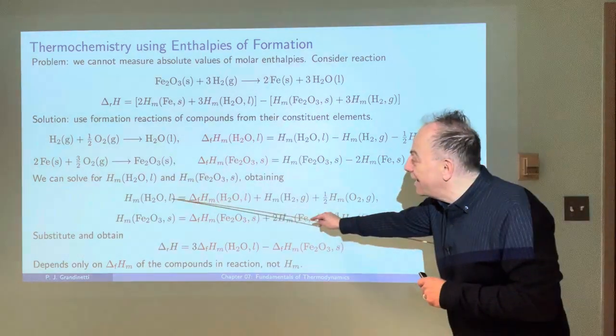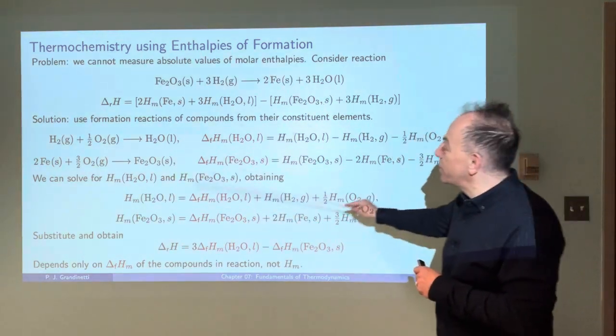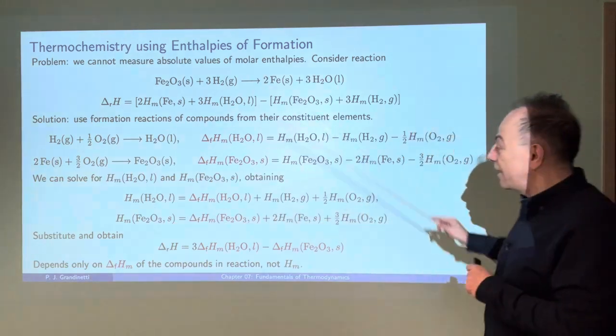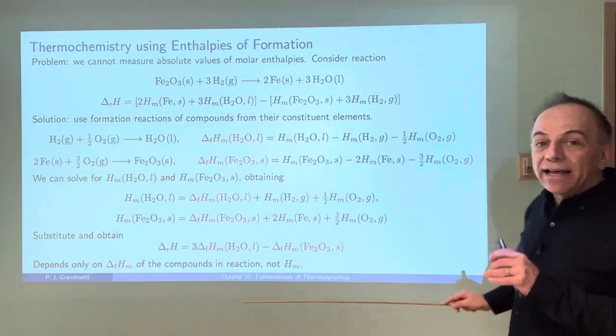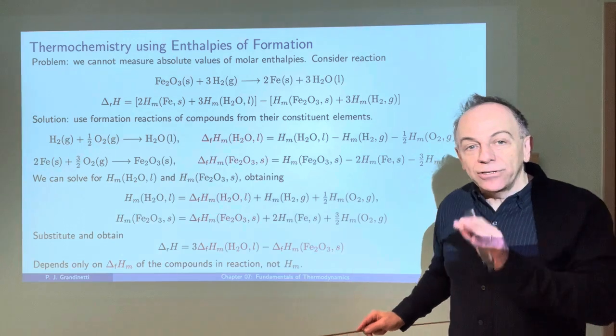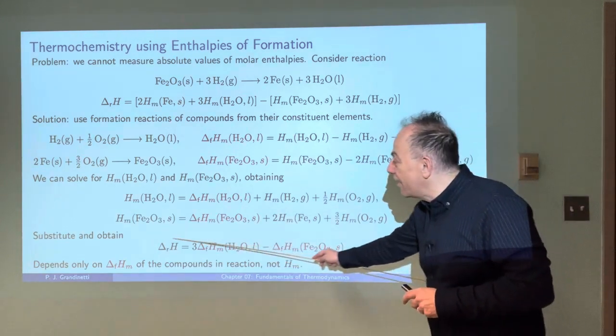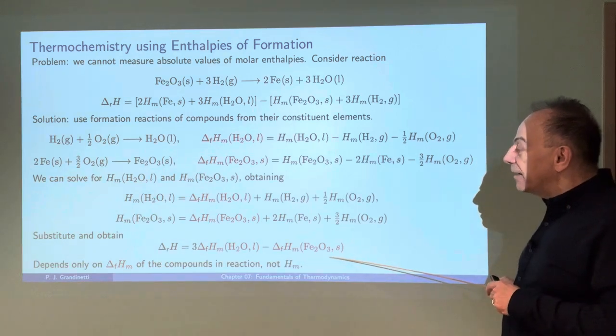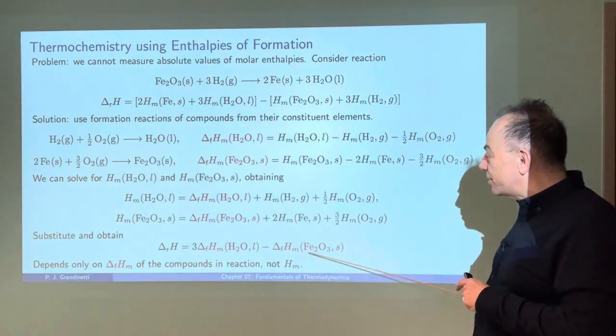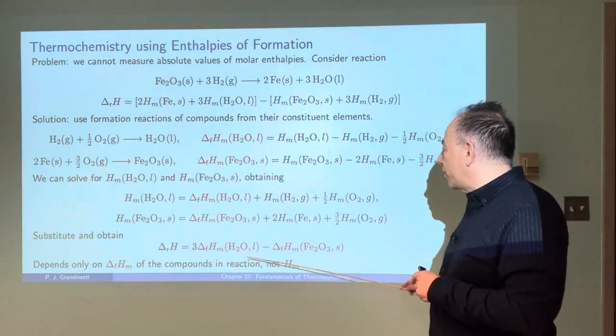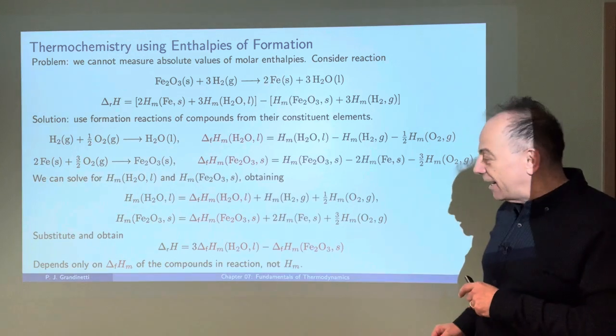And now if I plug these into this expression, and do some simplification, you'll find that all of the elemental absolute molar enthalpies are eliminated, and all you're left with is the delta H, which is entirely in terms of the delta H of formations for the water and iron oxide here.